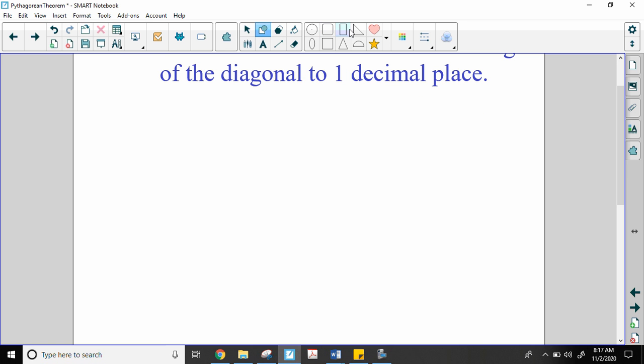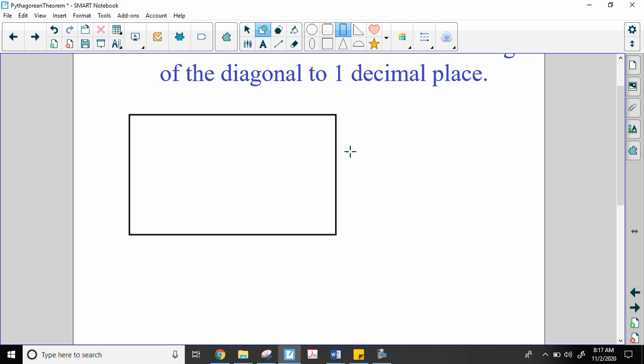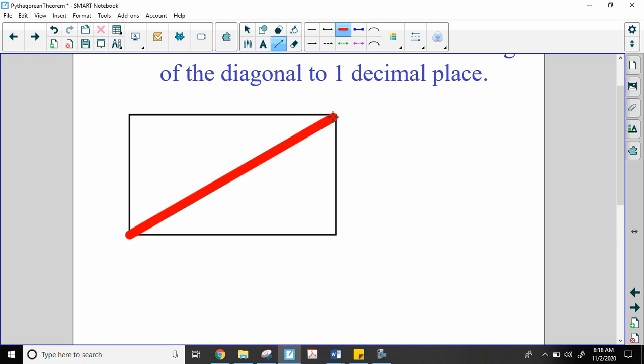Well, let's start by drawing a rectangle. Here's a rectangle. What is a diagonal? A diagonal is a line that goes from one corner to an opposite corner. This has essentially created two right-angled triangles here. We've got a little right-angled triangle that happens here, and it is, let's see if we can get our highlighters working.